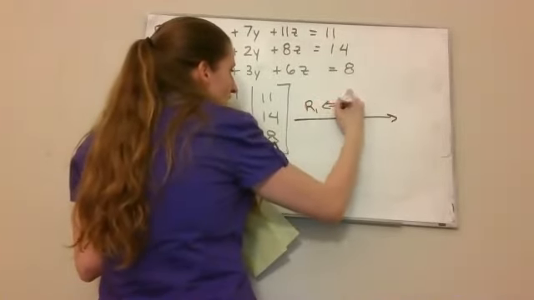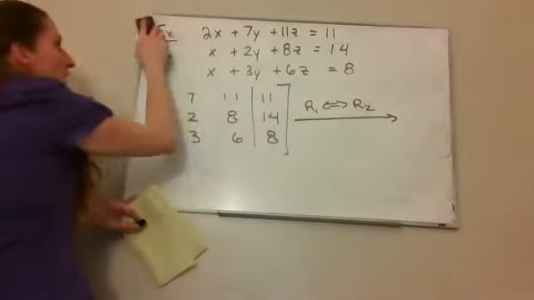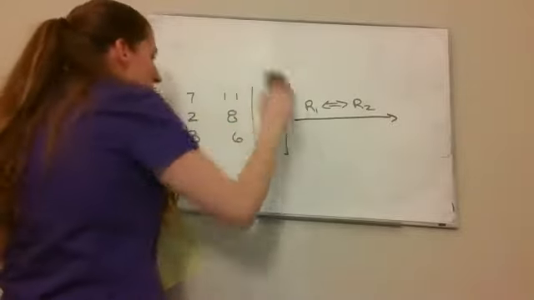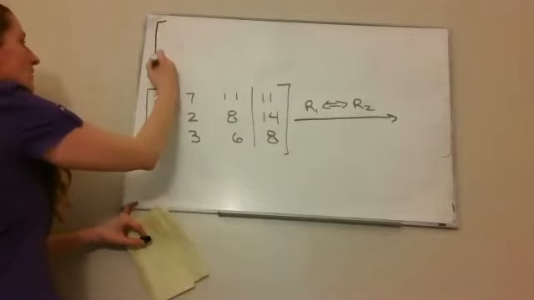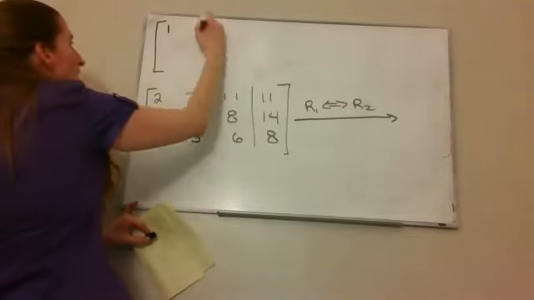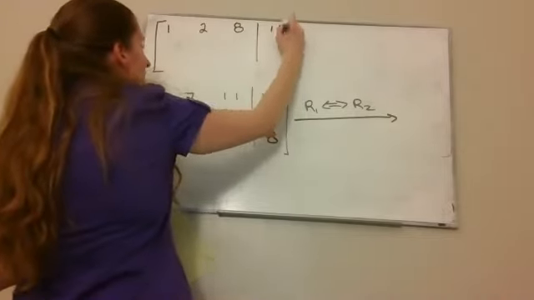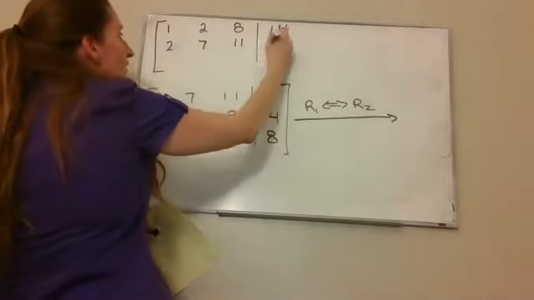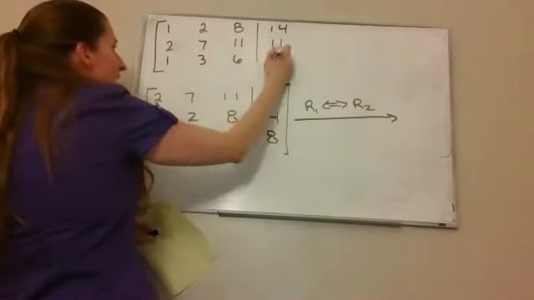So interchange row 1 and row 2, and we'll get a new version of this matrix. We get 1, 2, 8, 14, 2, 7, 11, 11, and 1, 3, 6, 8.